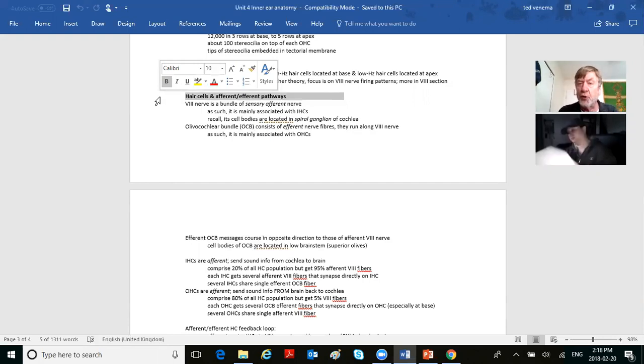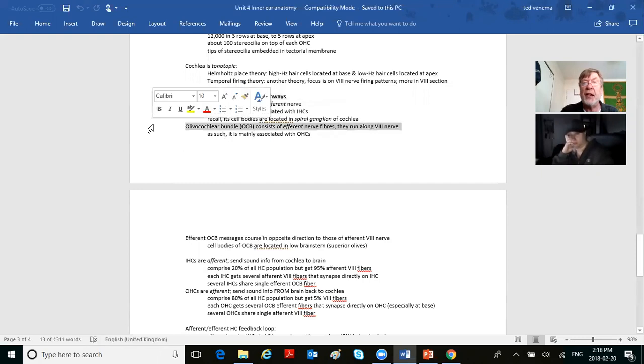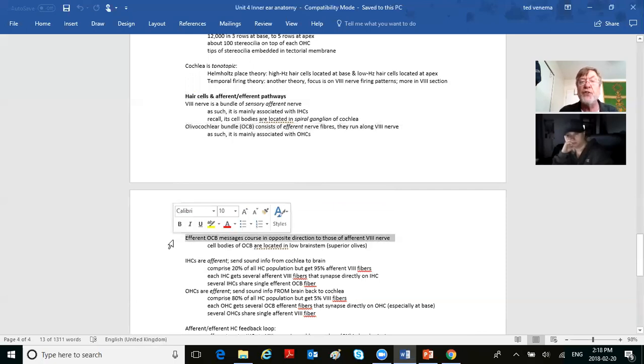So the olivocochlear bundle, OCB, consists of efferent nerve fibers. They run along the eighth nerve, and as such, it is mainly associated with the outer hair cells. Efferent OCB messages course in the opposite direction to those of afferent eighth nerve.